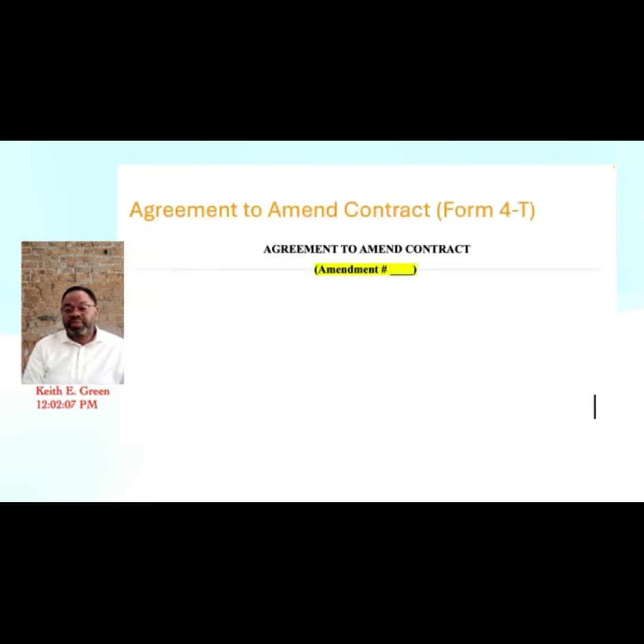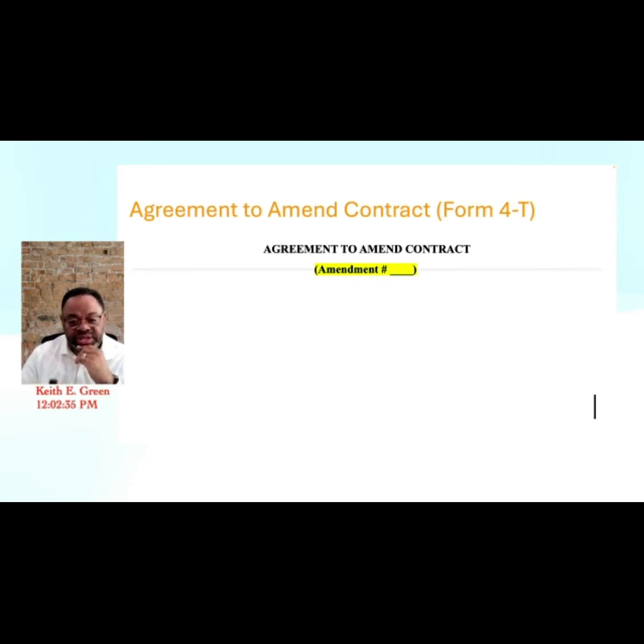All right, agreement to amend contract. Right up at the top, below the agreement to amend, they added a place to identify which amendment this might be. Many times when we have these types of contracts, I know when I was listing land, I had to do this 3 or 4 different times as the contracts expired.